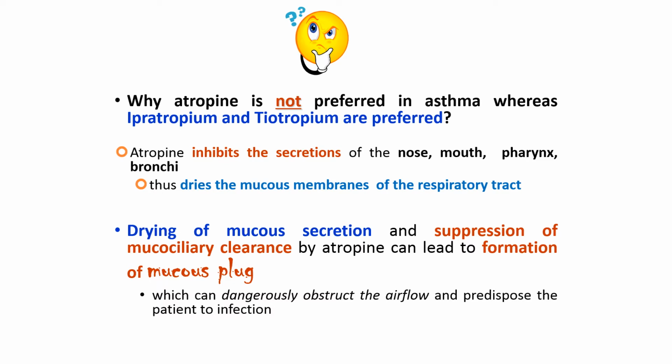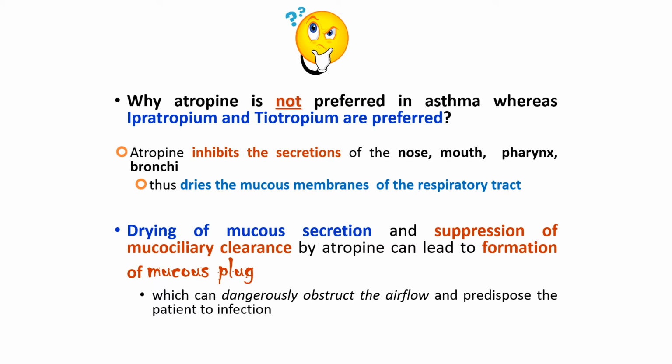One reason that we have already discussed is that atropine is a tertiary compound. It can cross the blood-brain barrier, it can lead to CNS side effects, it can lead to systemic side effects, whereas ipratropium bromide or tiotropium bromide is a quaternary compound. They cannot cross the blood-brain barrier, and the systemic side effects are very few.